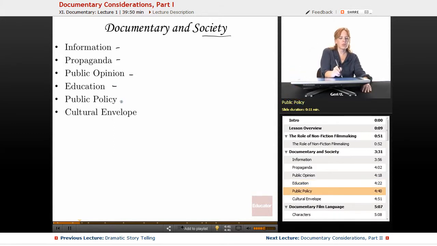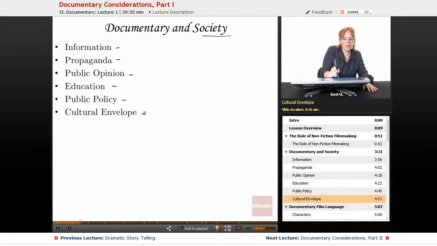Documentaries can also impact public policy, because they relate to real events and real people and real life, real society. And then to that end, we can talk about them as being a cultural envelope. At the same time, they define our culture and create the structure, but we are also reflecting the culture in our documentaries as well as helping shape it. So we're doing both.